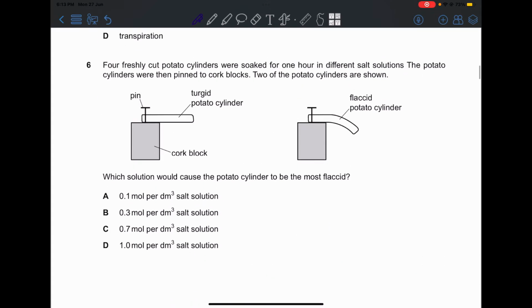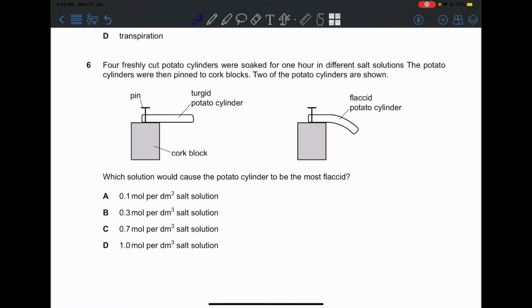Number 6, four freshly cut potato cylinders were soaked for 1 hour in different salt solutions. The potato cylinders were then pinned to cork blocks. Two of the potato cylinders are shown. Which solution would cause the potato cylinder to be the most flaccid? Now we know that flaccid is when the plant cell isn't turgid and has lost its turgidity. That can be a result of water getting out of the cell.